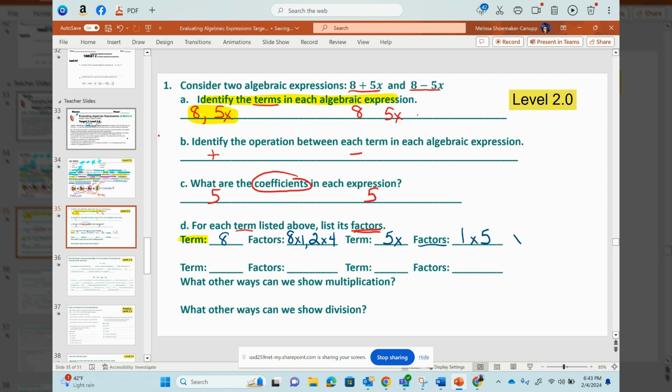And then it's being multiplied times the x. Now the next one, 8 and minus 5x. We have the same exact terms. So really the answers are going to be exactly the same.